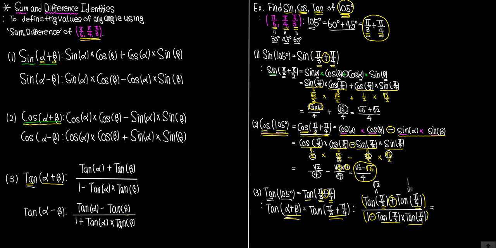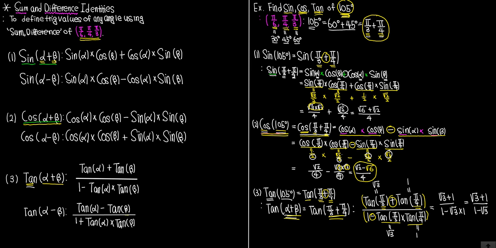Tangent of pi over 4 is positive 1. So this will be written as square root of 3 plus 1 over 1 minus square root of 3 times 1, which is just equal to square root of 3 plus 1 over 1 minus square root of 3.